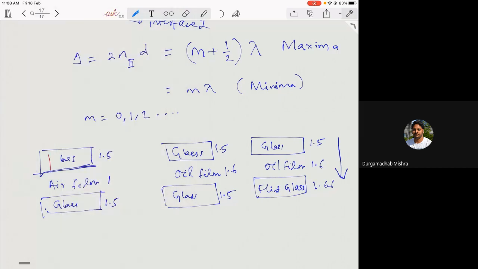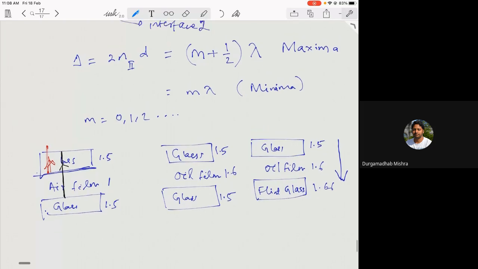So the reflected, I'm just plotting the reflected one. This is the reflected one from this interface, and this is the reflected one from this interface. So now the red one, there is no phase change, but for the black one, there will be a phase change, because it is going from a rarer to a denser medium.